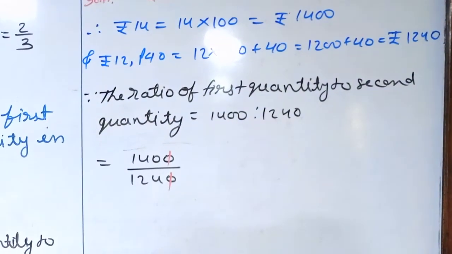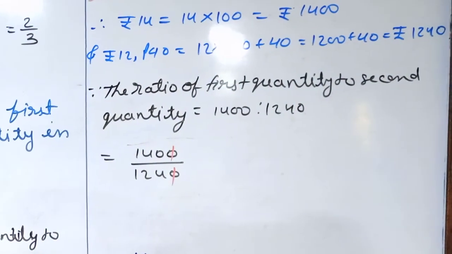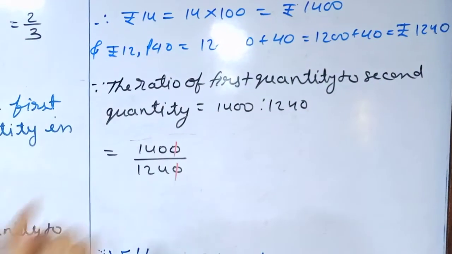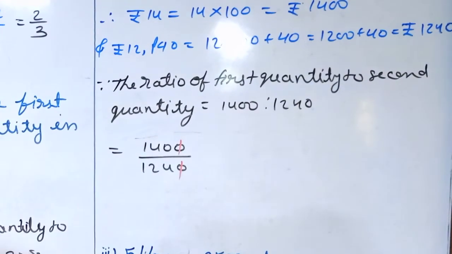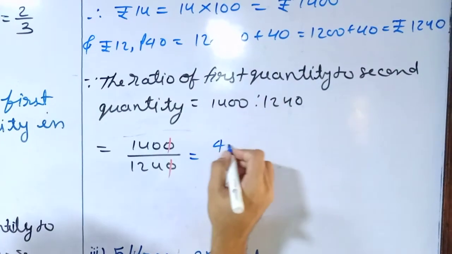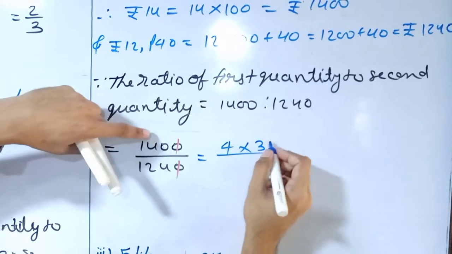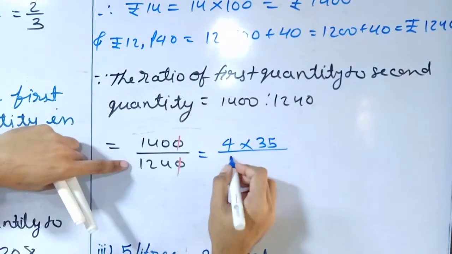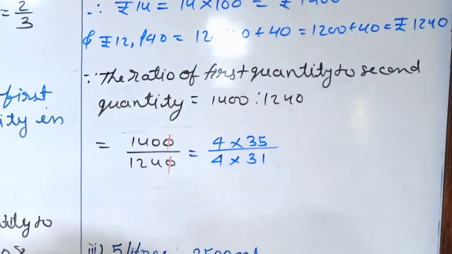If we are talking about the factorization of these, let's see, the last two digits 40 are divisible by 4, and in the denominator 24 is also divisible by 4. So can we write 4 into, 4 3s are 12, 4 5s are 20, and in the denominator 4 3s are 12, 4 1s are 4.